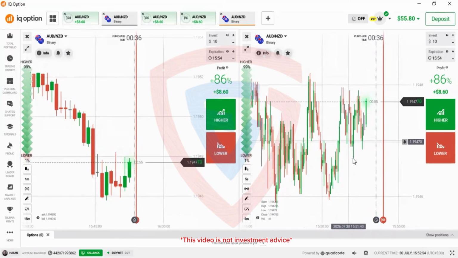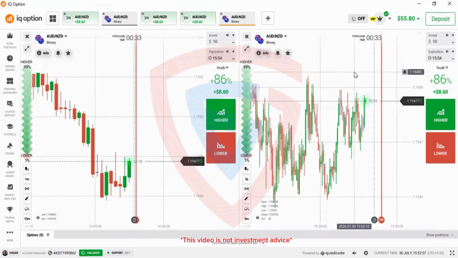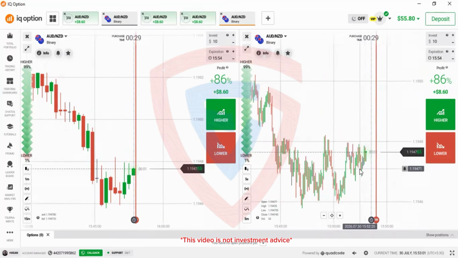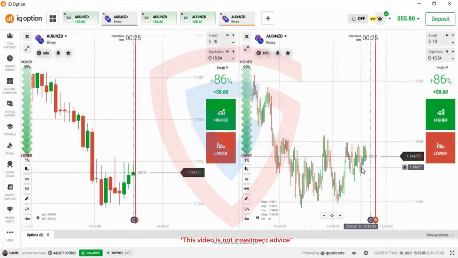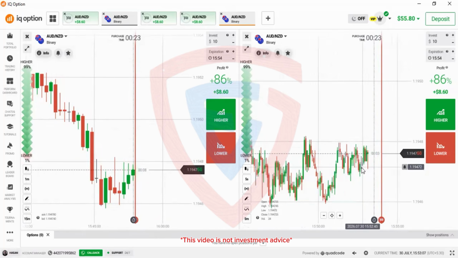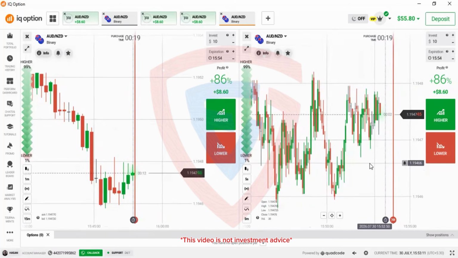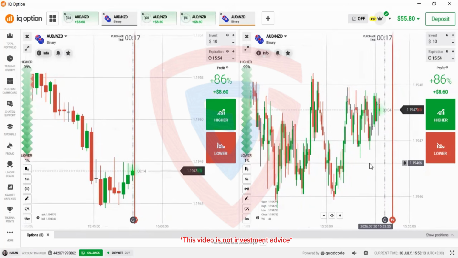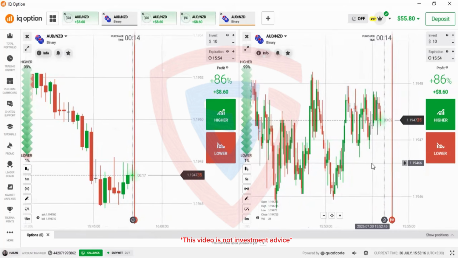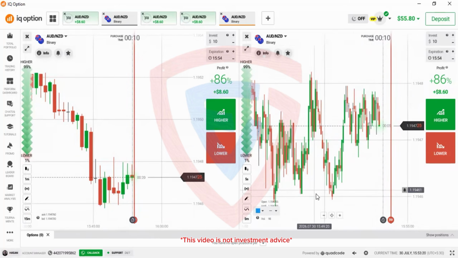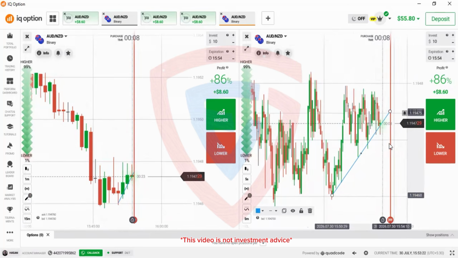Okay. So it is a consolidation area until it makes a new high. I can't decide. So here the market is getting support continuously.